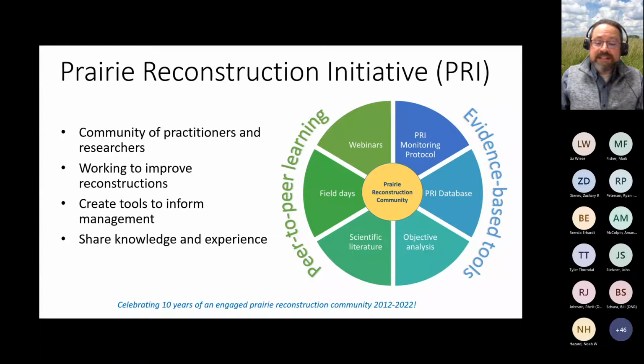Our learning opportunities include both in-person and online events where members of the prairie reconstruction community can exchange experiences and knowledge. We believe these insights from both individual experiences and scientific investigation lead to our collective success.